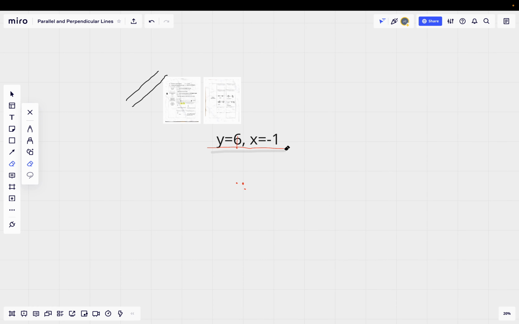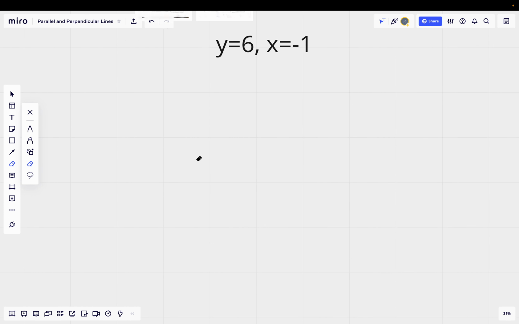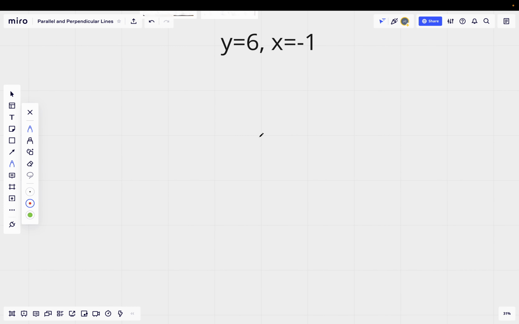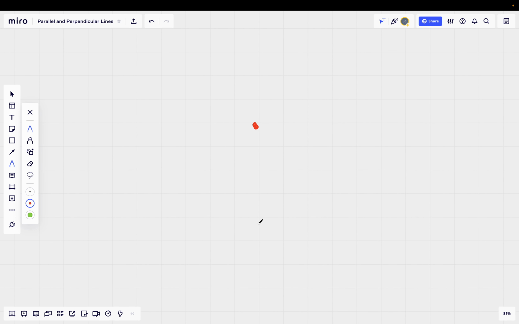Now let me give another example because this was honestly bad. So let's say this is our origin point all the way down here, right? So let's say x is -3. So we'd go left 3. But y equals, I don't know, 4.